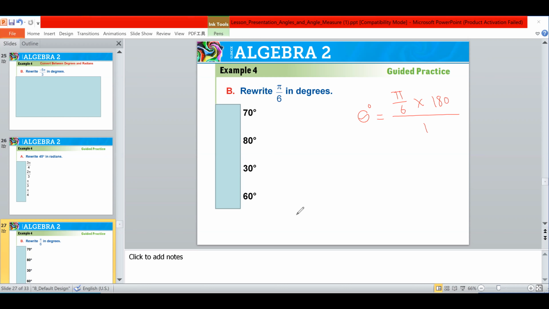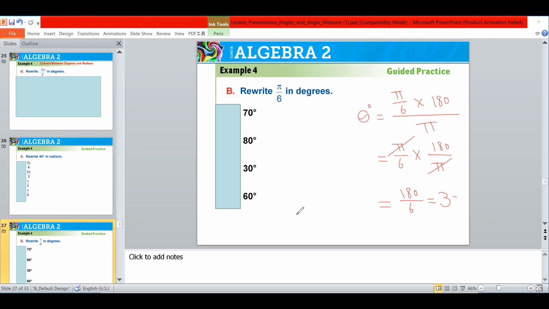You can write it in another way, multiplied by 180 over pi. Now cancel pi with pi, and 180 divided by 6 equals 30. Excellent.